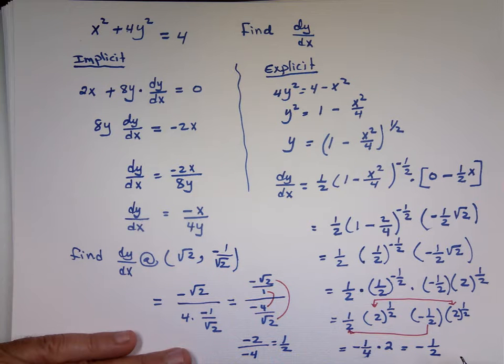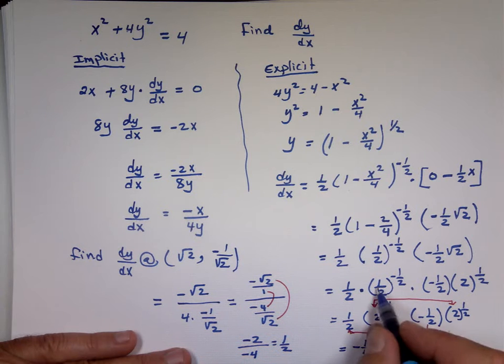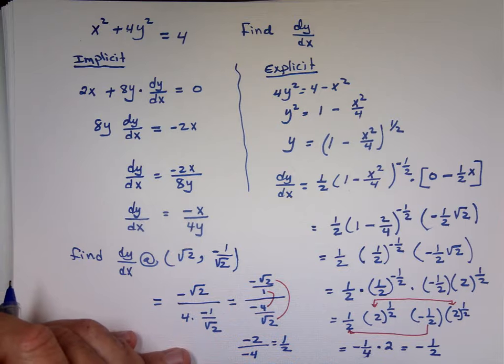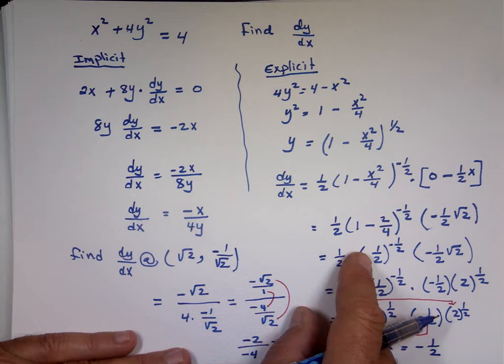On the right side, third line from the bottom, there's the negative 1/2 exponent. When you flip it here, you flip this one, and that becomes a plus 1/2. Gotcha. Yep. That's a positive 1/2.